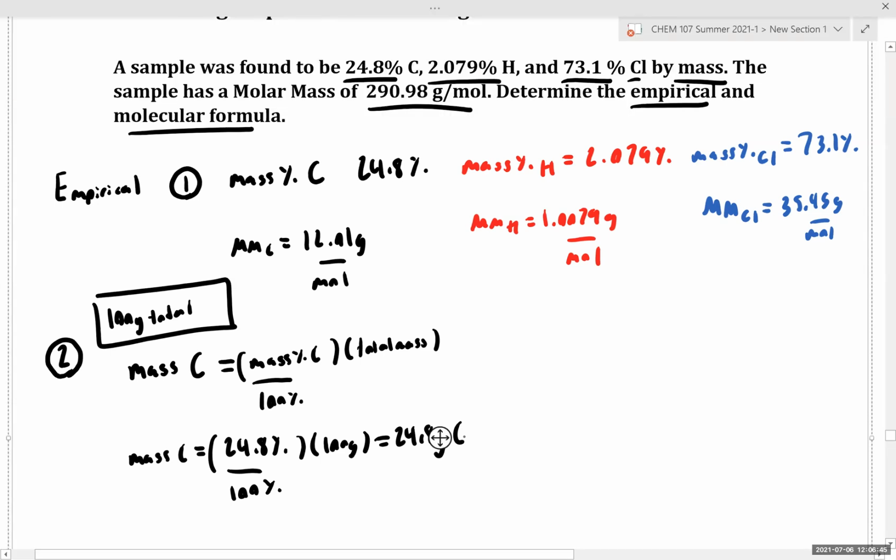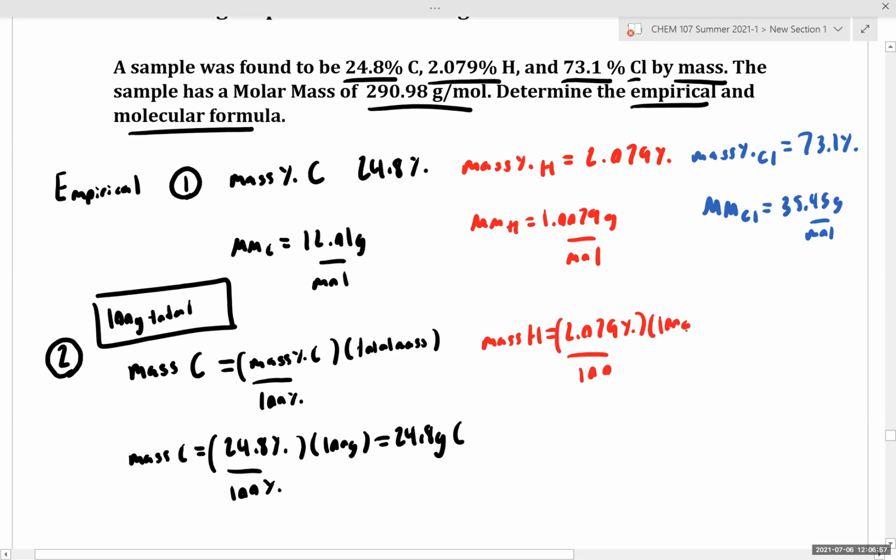We can repeat this calculation for the mass of hydrogen, where we take its mass percentage, which is 2.079% over 100 times 100 grams. That in turn gives us a mass of hydrogen of 2.079 grams.